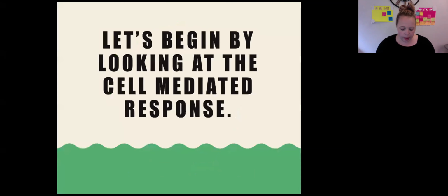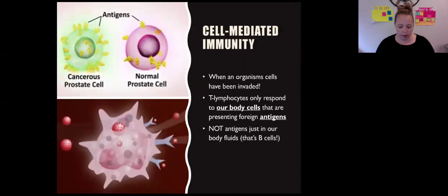So we're going to start looking at this cell-mediated response, and this is all about cells. What is written in the title there says cell-mediated immunity. My pen isn't going to work, but we've got cell there, so that is our big key here.